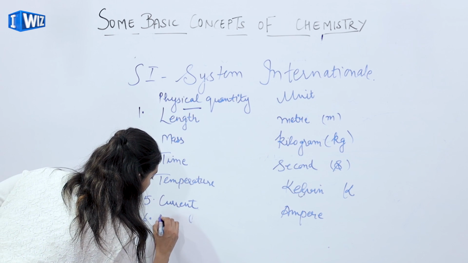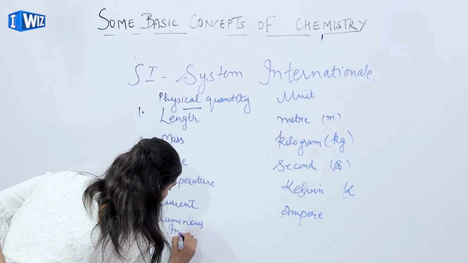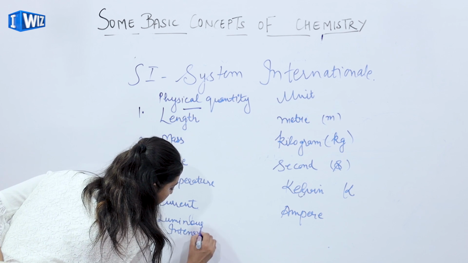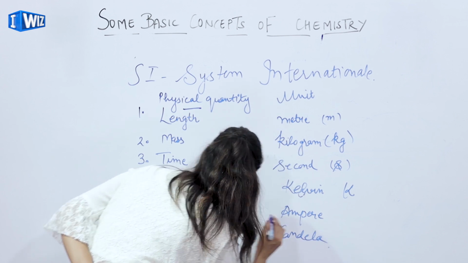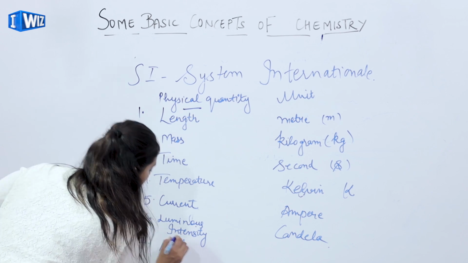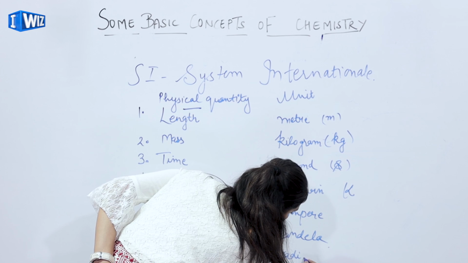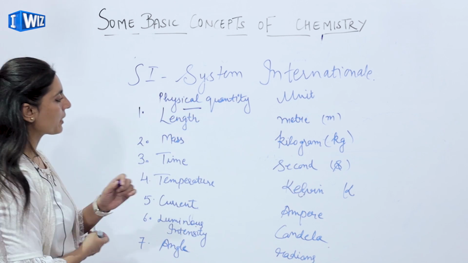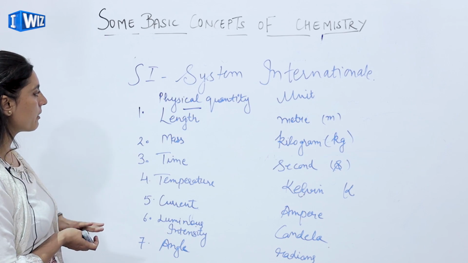Next, luminous intensity, having the unit candela. And the last one is the angle, which is measured in radians. So I hope these 7 basic units are clear to each and everyone.